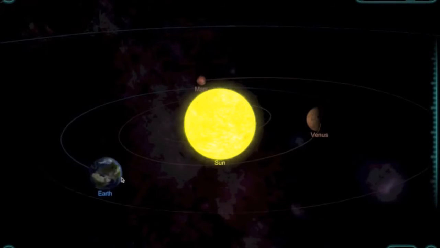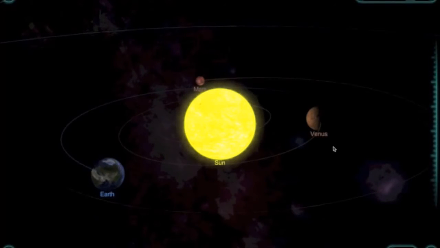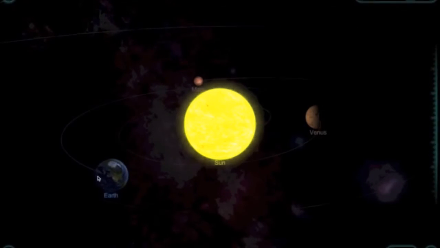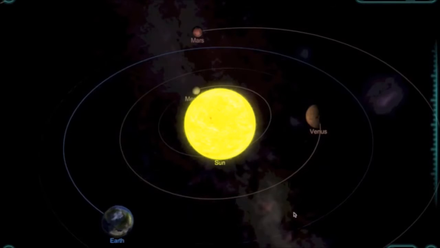And it is, though it doesn't look like it, still revolving around the Sun, but remember it's only moving about 1 degree of the complete orbit per day. So it's not a very noticeable motion. We are spinning 15 degrees per hour. We are revolving 1 degree per day. We are spinning from west to east, and from above we are revolving in a counterclockwise direction.